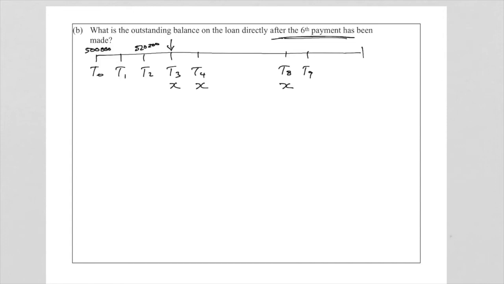So let's just now see. Remember the question said after payment number 6. So we can't look at T6 because our payment started at T3. So we have a payment at T3, at T4, T5, T6, T7, and then T8. So maybe it will be easier if I just put those in as well. And then it's easy to see where we will make these payments. So we're going to make 6 payments.